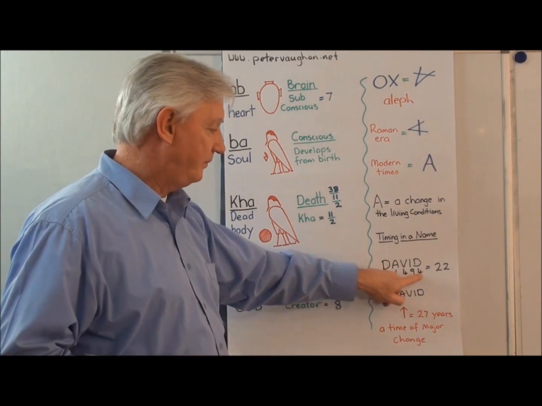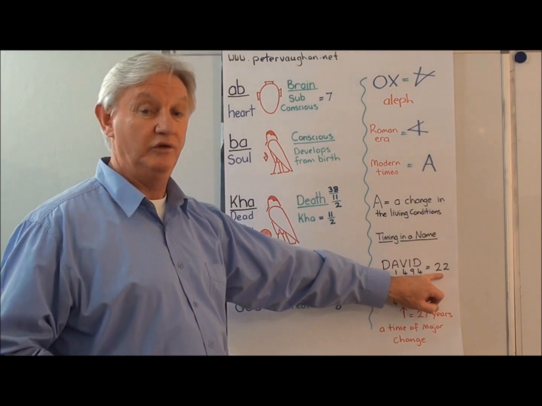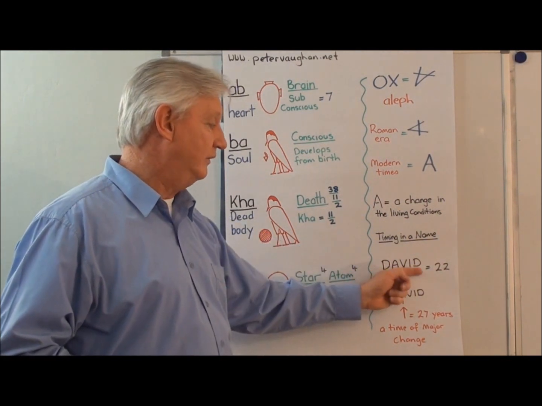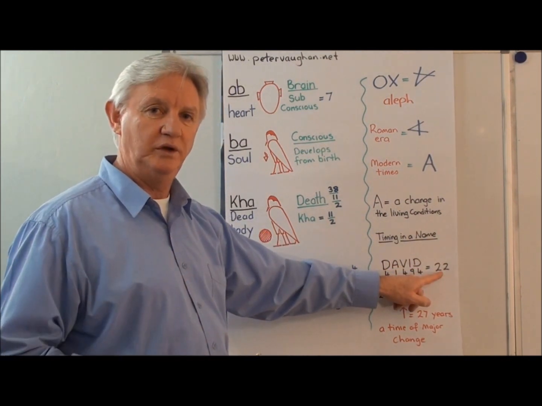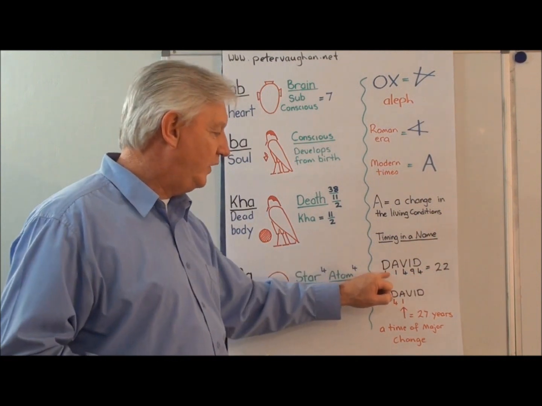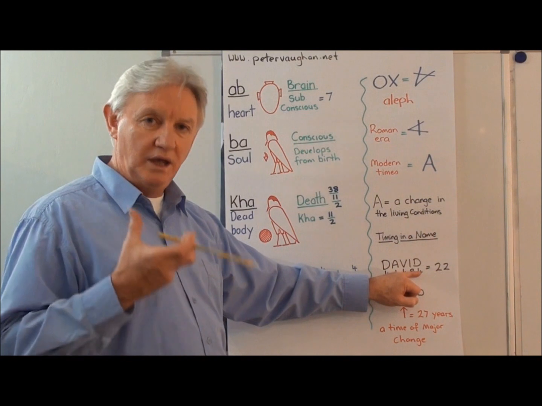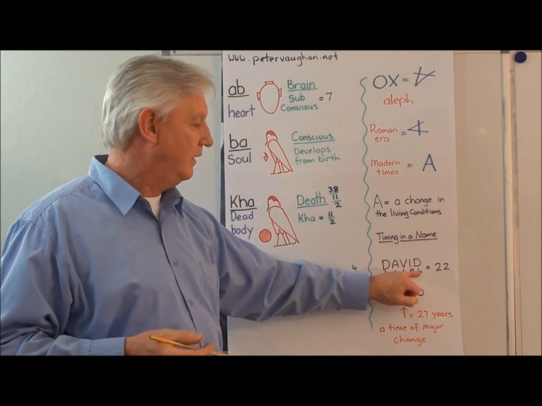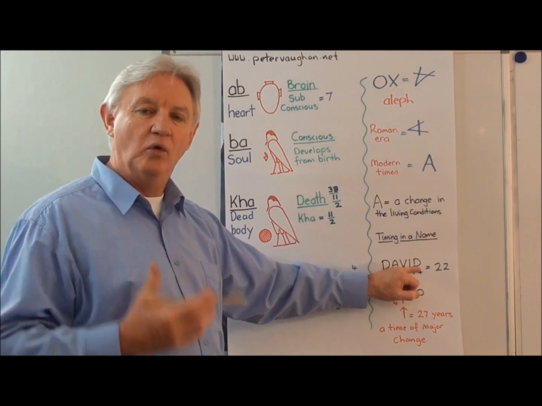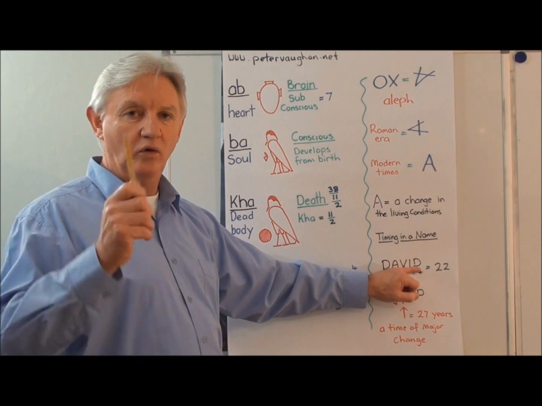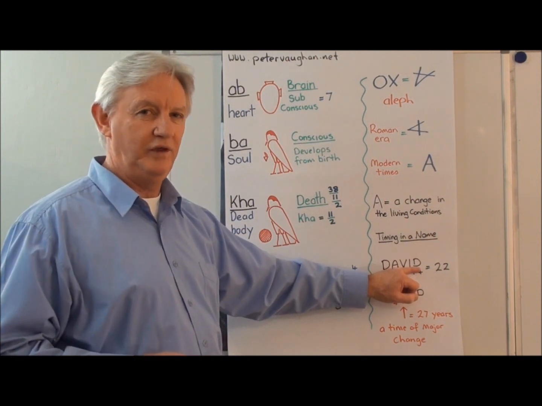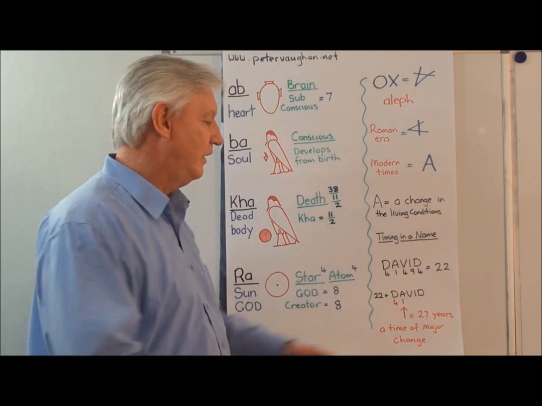But add them up and you'll get the number 22 in total. So the name David, a sub-vibration, is 22. It takes 22 years for the vibration of David to express itself in the subconscious of the brain. And I've proven this by studying all the Davids that I've ever come across, all have one thing in common. And this is fascinating. Try this on your friends.